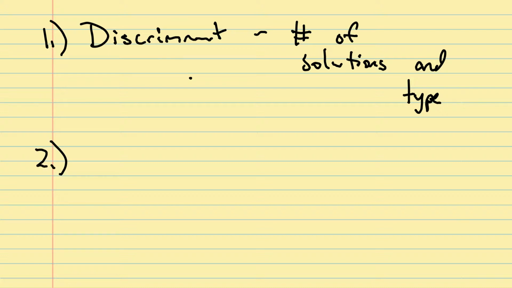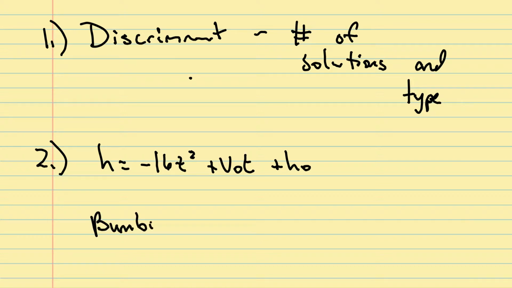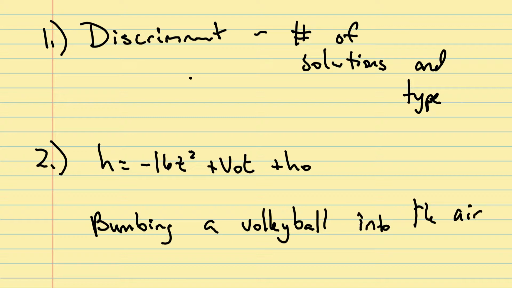Number two, give an example of when you get to use this. h equals negative 16t squared plus v sub 0 times t plus h sub 0. Remember, this is used whenever you are giving force. So, bumping a volleyball into the air is going to give it a positive velocity.